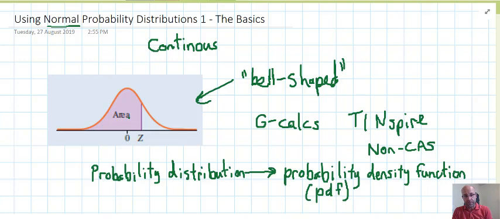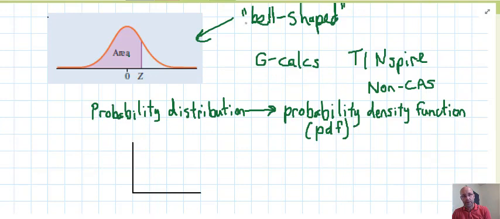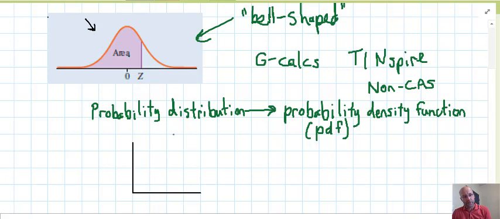Also in this video we'll be transitioning from what we've seen previously, probability distributions, to what we call probability density functions, or PDF as you might see it on the calculator or in tables. And you can see in that diagram 1. So that's an example of a sketch of a probability density function. We'll get on to that in a minute.